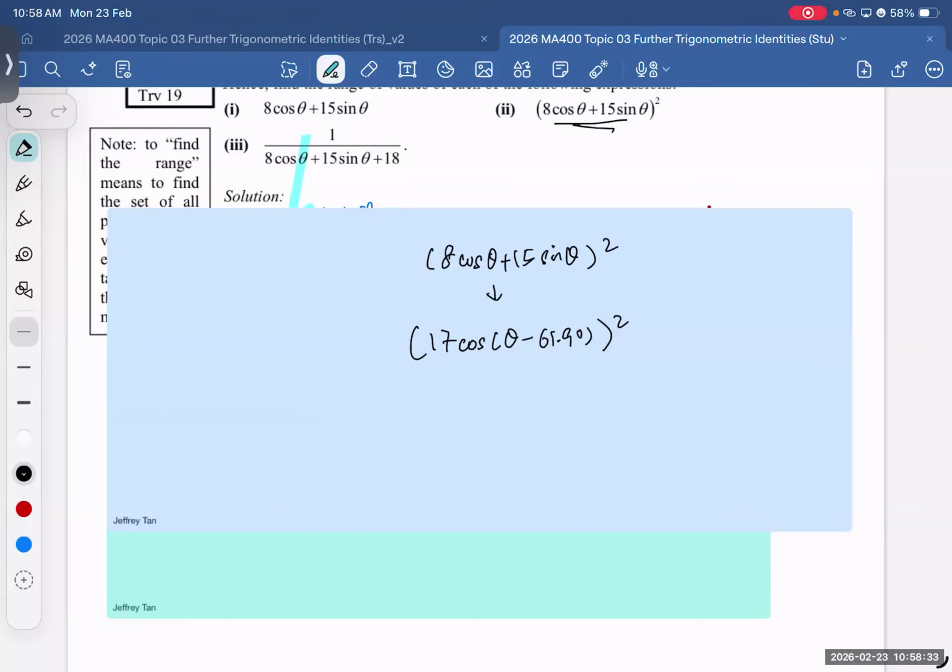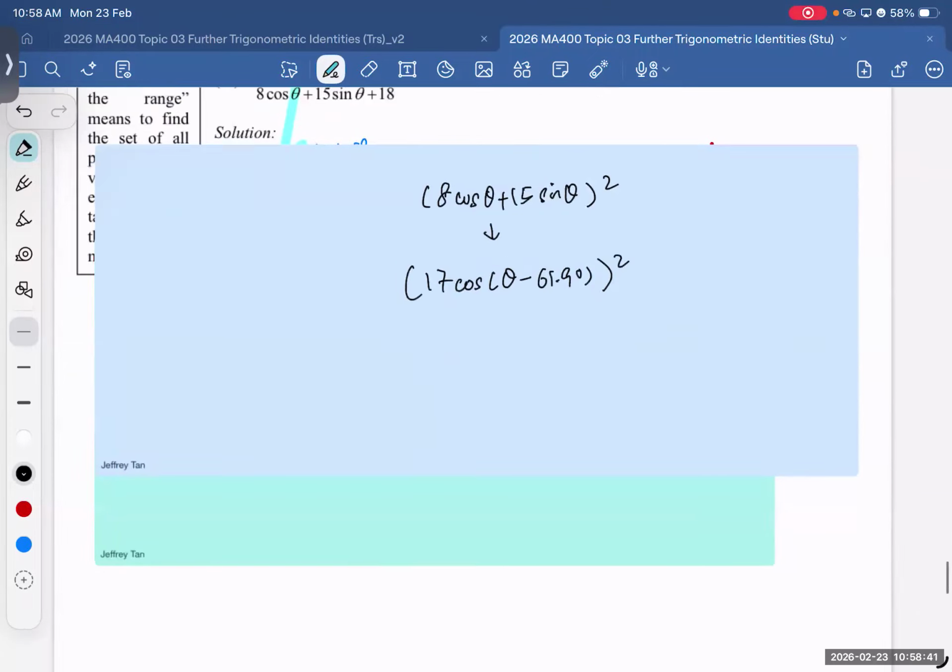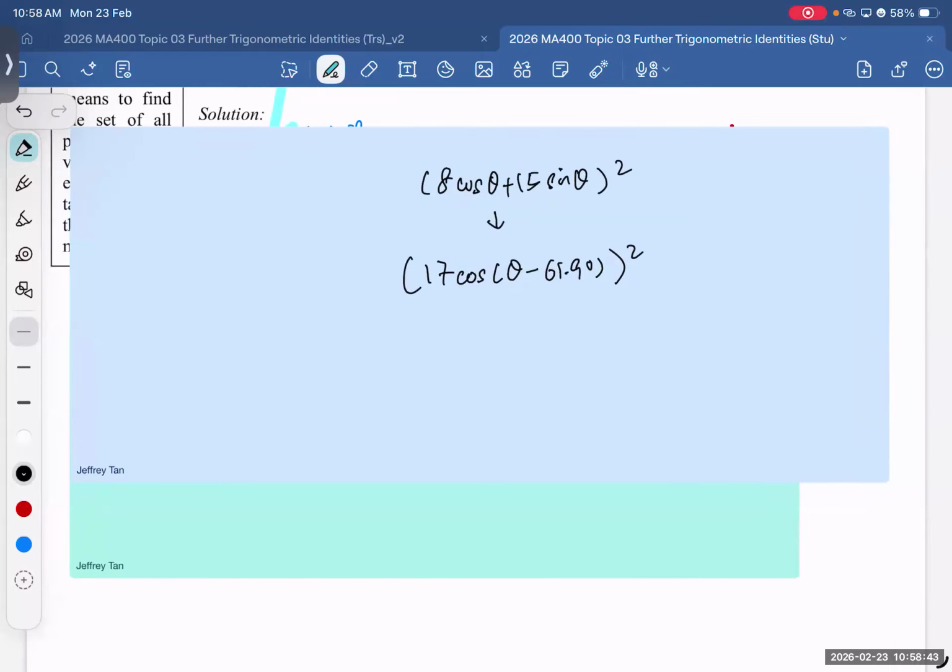It will be non-negative for sure. The smallest value of a square will be 0. Now if it's 0, what am I trying to say? 17 square cosine square theta minus 61.9 will basically be between 289 and 0.